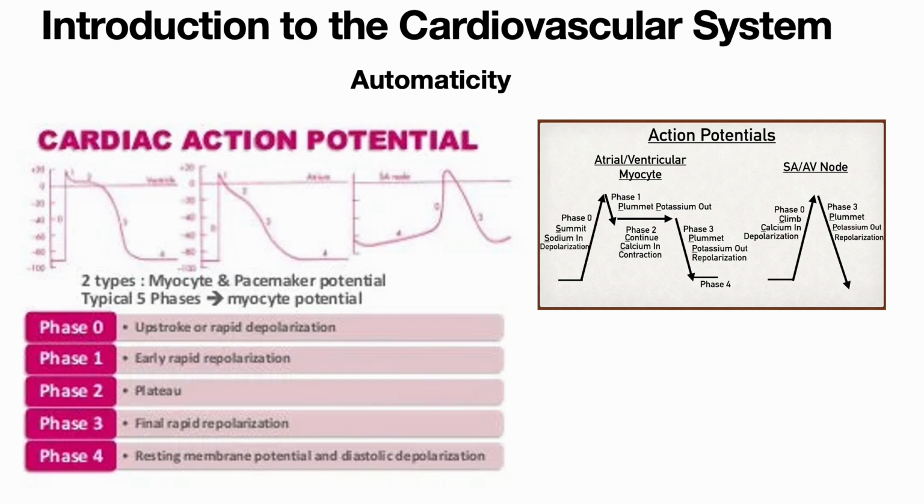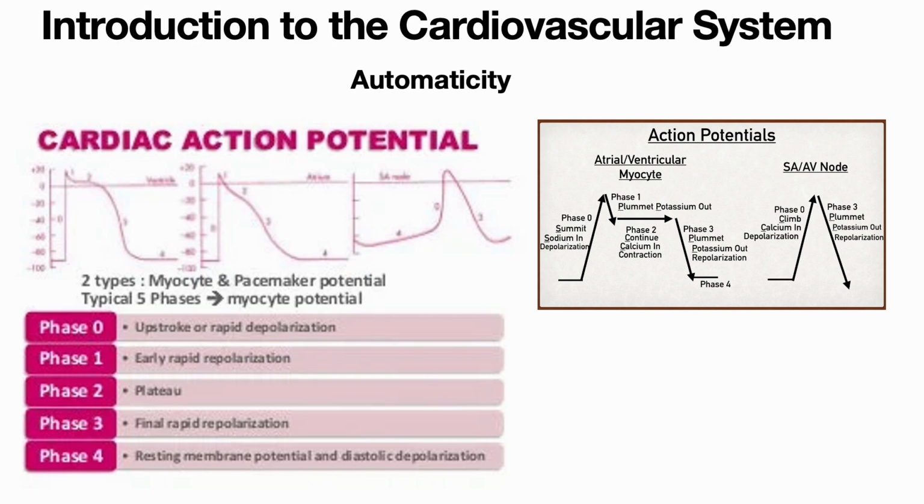Phase 0 or upstroke or rapid depolarization occurs when the cell reaches a point of stimulation. At this time, the sodium gates open along the cell membrane and sodium rushes into the cell, resulting in a positive flow of electrons into the cell, which is an electrical potential.